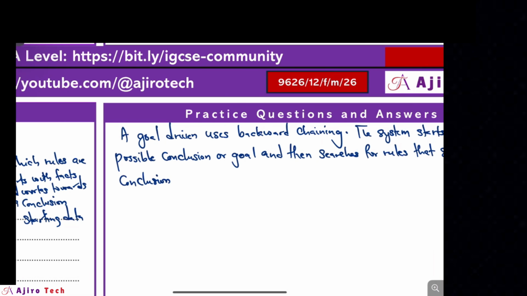So you know your brother took the meat and then you want to bring evidence. That's goal driven.